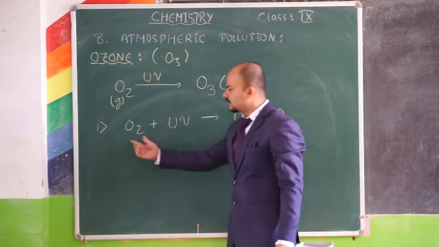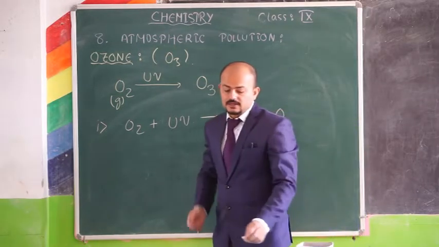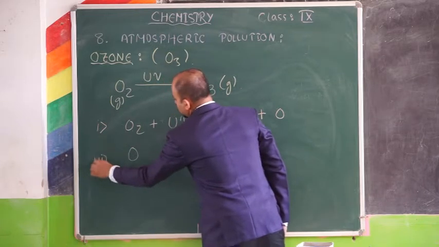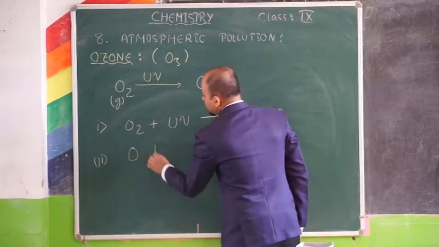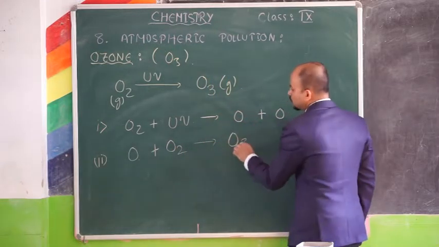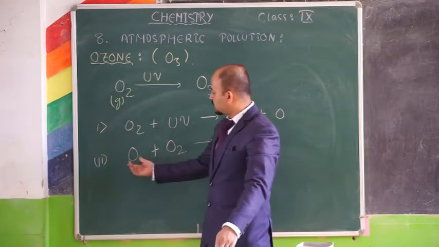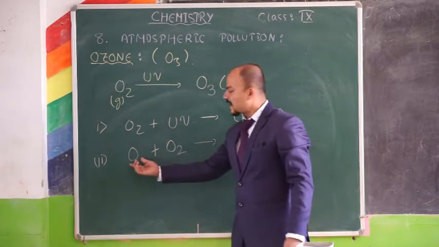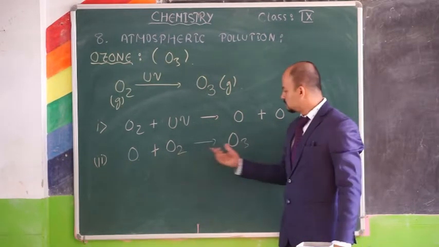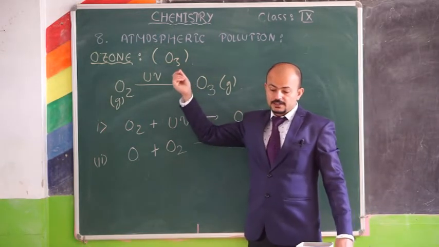So this is the oxygen molecule, and now it has been converted into oxygen atoms. Now in the second stage, this oxygen atom combines with another molecule of oxygen to give you ozone. Don't forget the formula for ozone is O3.